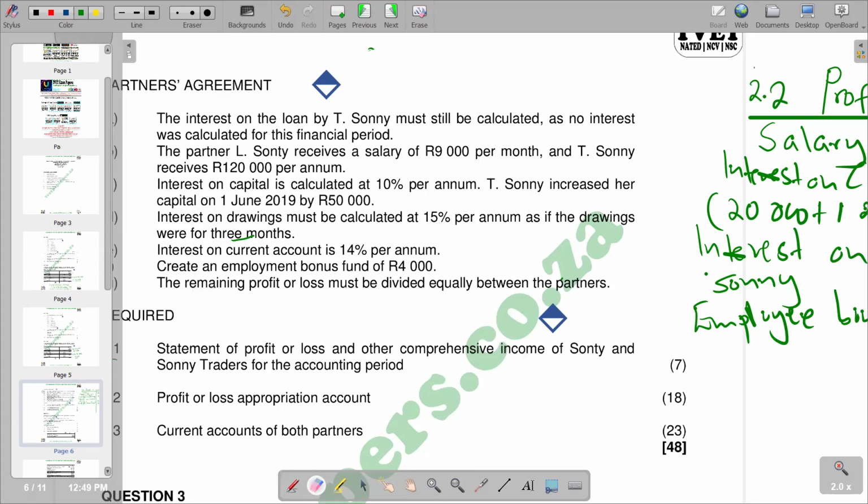We are told that the remaining profit or loss must be divided equally, which is very important. So the difference that we are going to get there, whether it's a loss or a profit, we are going to divide it equally between the partners. So basically, we have got two partners, so we're just going to divide by two. Then the figure that we get is the apportionment of each of the two partners.